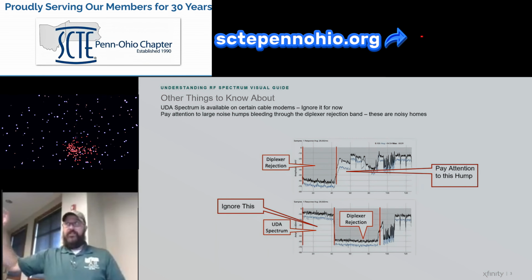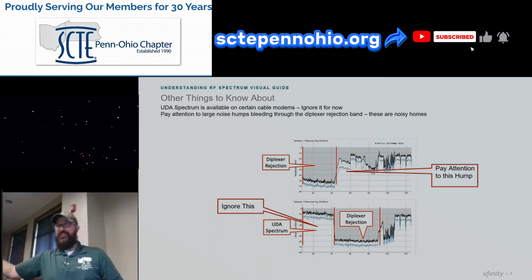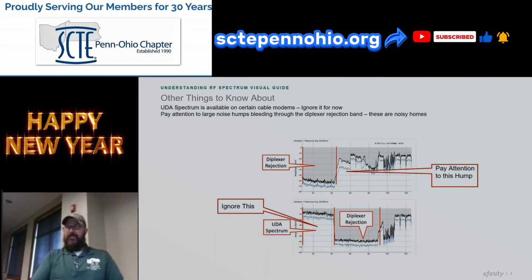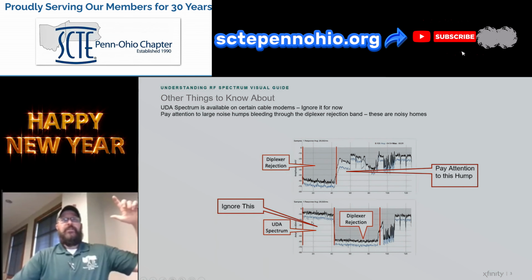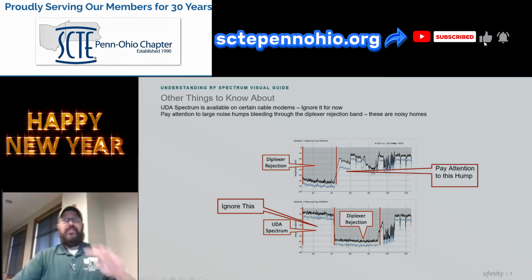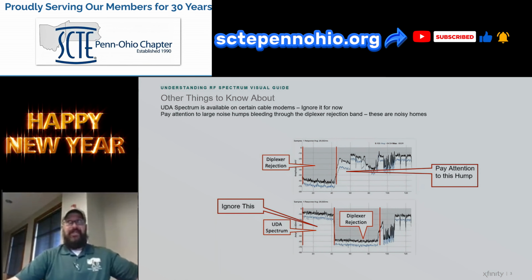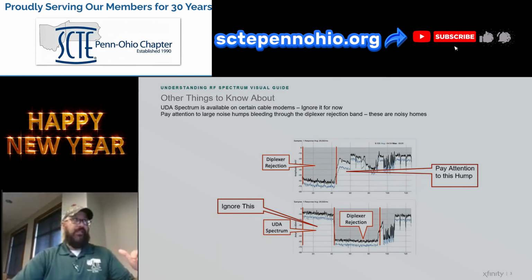Where you could actually use the modems in the house or the customer premise equipment as a spectrum analyzer to look for return noise. Now, right now, this just looks like an elevated noise floor. Some people may think that this is OFDMA return energy. It's actually not. It's the noise floor of the UDA spectrum analyzer.